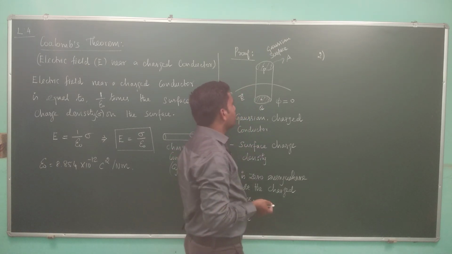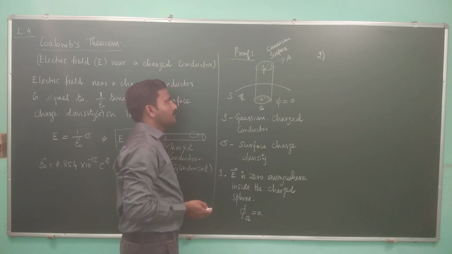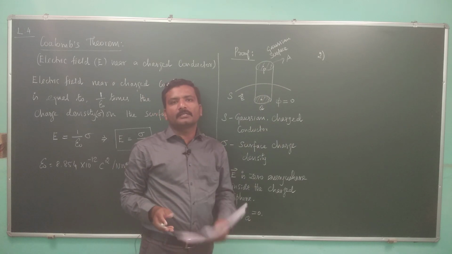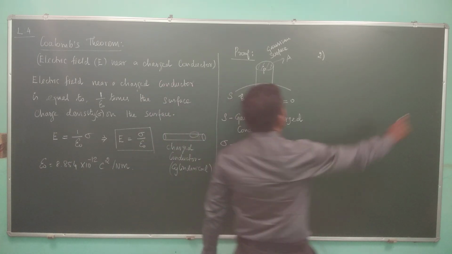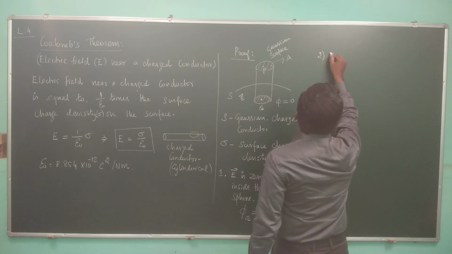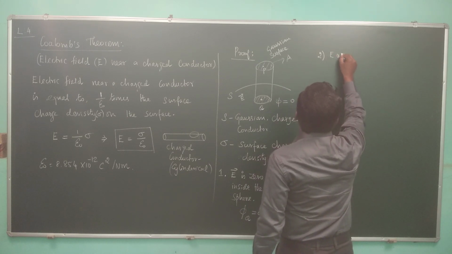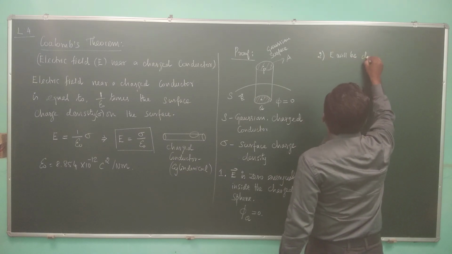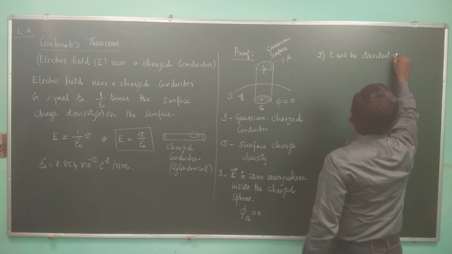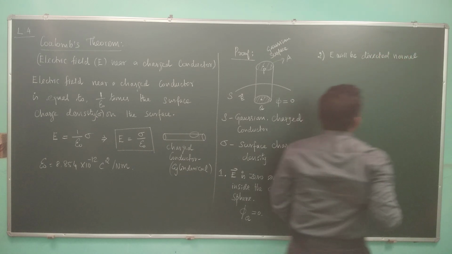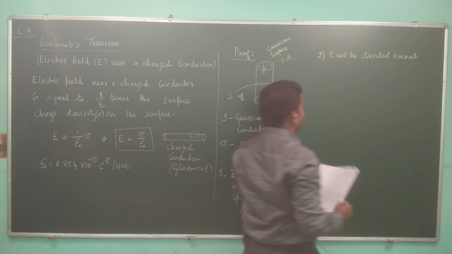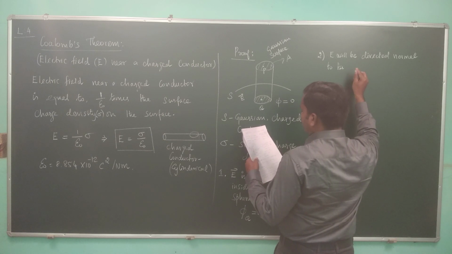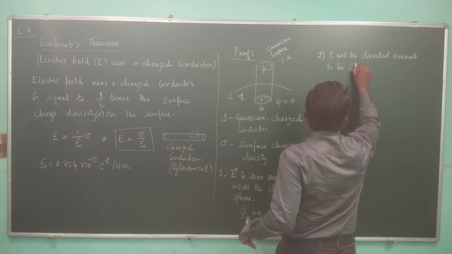In that case, the electric field component will be normal to the surface, so E will be directed normal to the charged conductor.